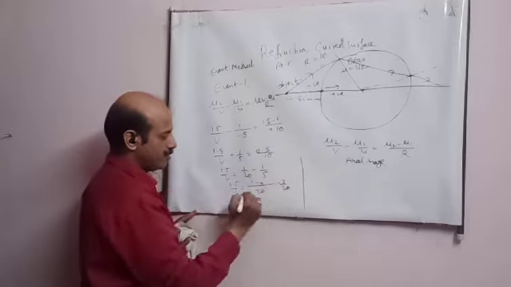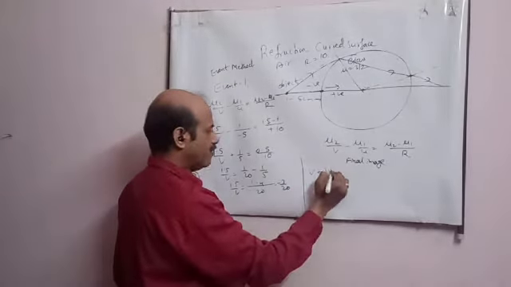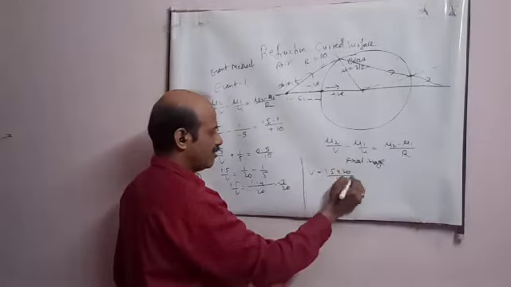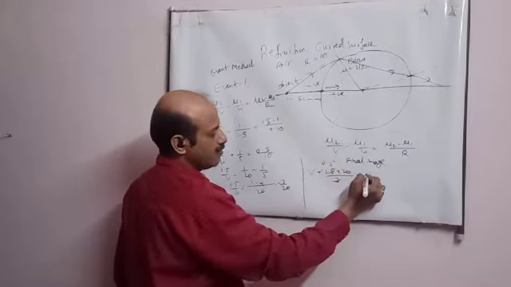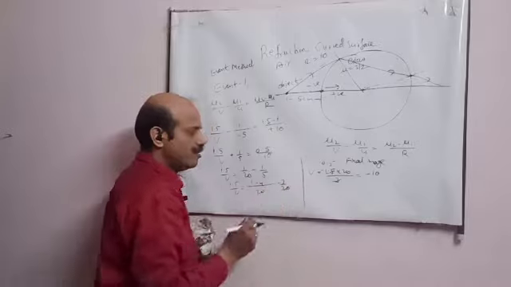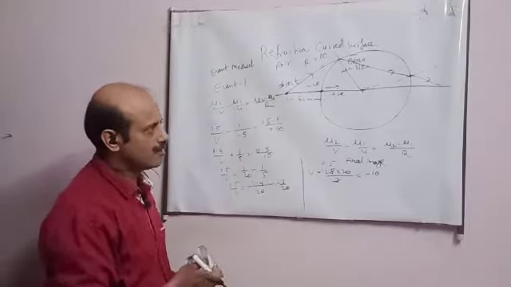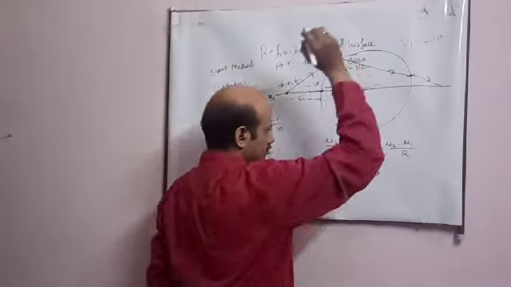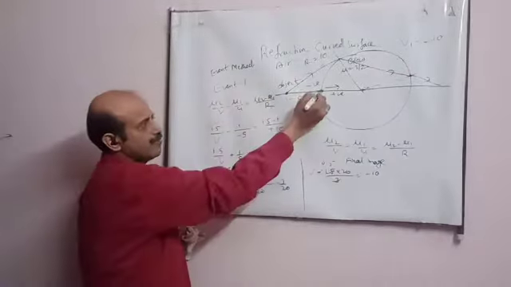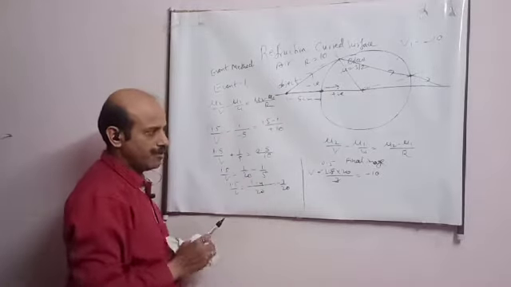Now if I solve it, student, v will be equal to 1.5 into 20 upon 3, with a minus sign, this is 0.5. So v is minus 10, student. So this is the image for the first surface, the first event. I am writing it here: v1 is minus 10. Minus 10 means the image will be somewhere on this side for this surface, student. So you have to remember this.